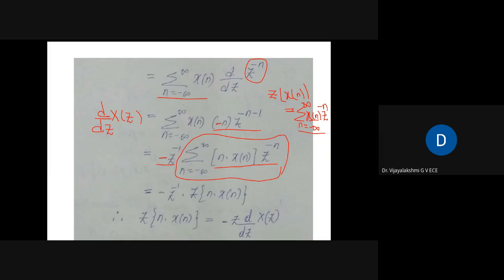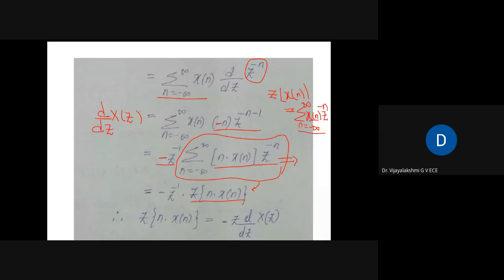So as per the definition of the Z transform, this part which I have encircled can be written as Z transform of n into x of n. So this is Z transform of n into x of n into minus z inverse.